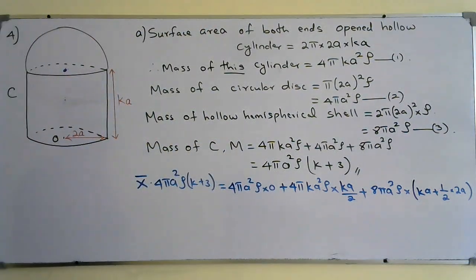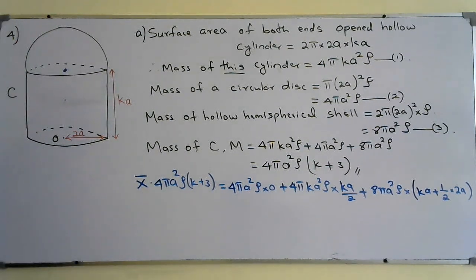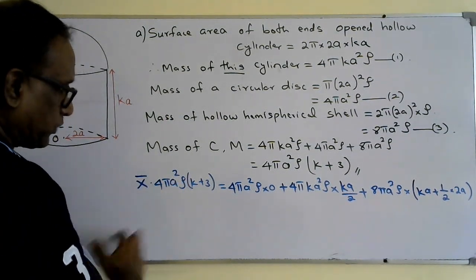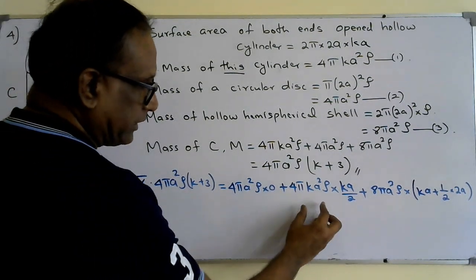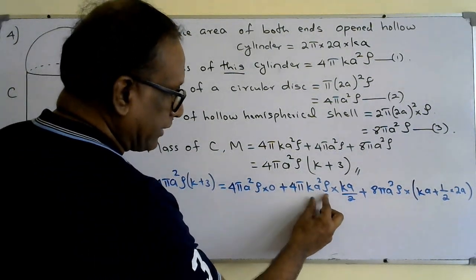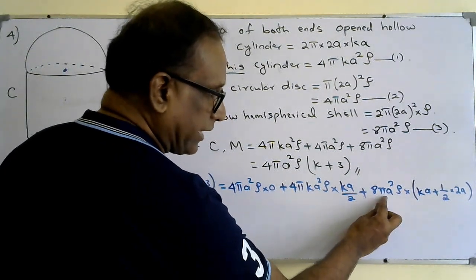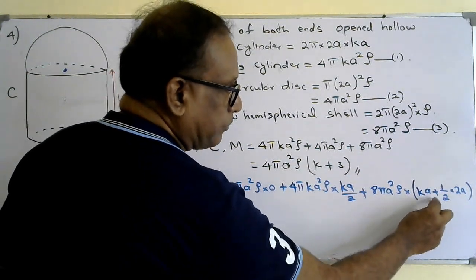Okay, so a lot of things are there. We need to solve and get an expression for x bar carefully. The whole equation can be divided by 4 pi a squared rho. So 4 pi a squared rho here, anyway this is 0, we don't need to find. 8 pi a squared means 4 pi a squared rho, if you take it, you end up with 2 into Ka plus a.